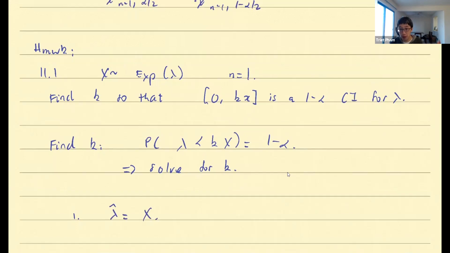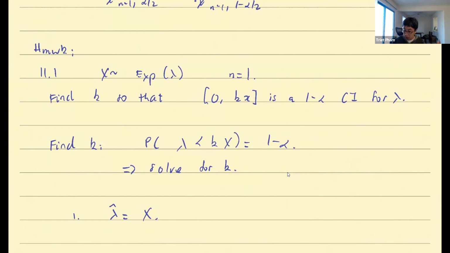That single element. No, n equals 1 doesn't mean that. n equals 1 means you have one element in your sample. X1 if you want, or X. You have one single X. That's why you don't even bother indexing it. It's just X.